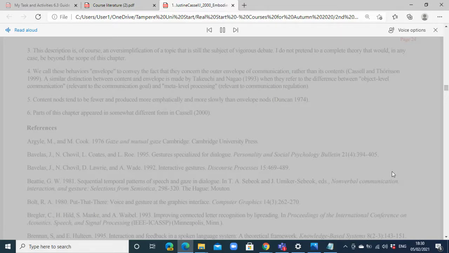Computer Graphics, SIGGRAPH Proceedings 1994, 413-420. New York, ACM SIGGRAPH. Cassell, J., O. Torres, and S. Prevost. Turn-Taking versus Discourse Structure, How Best to Model Multimodal Conversation. In Y. Wilks, ed., Machine Conversations.